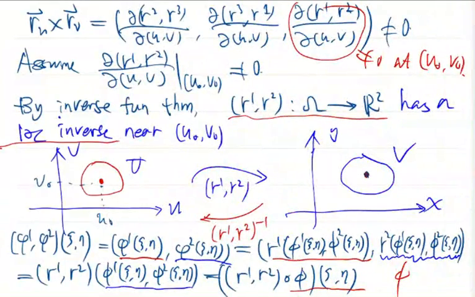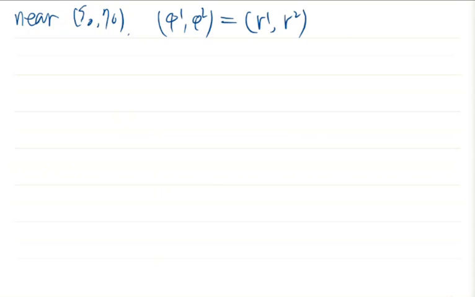This equality tells us that near cos 0, eta 0, phi1, phi2 is R1, R2 composed with phi. This is near cos 0, eta 0.